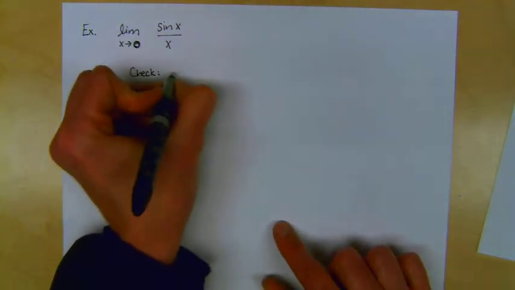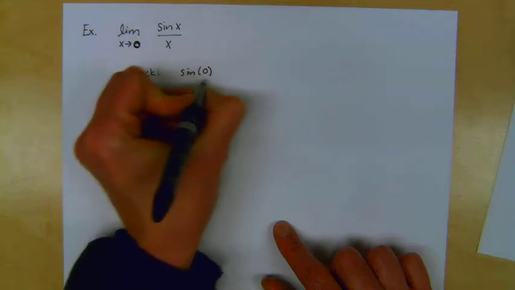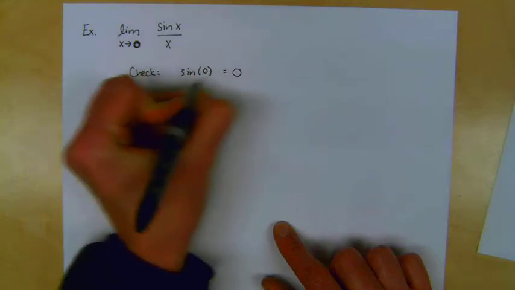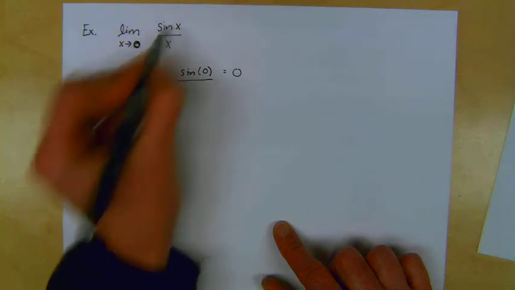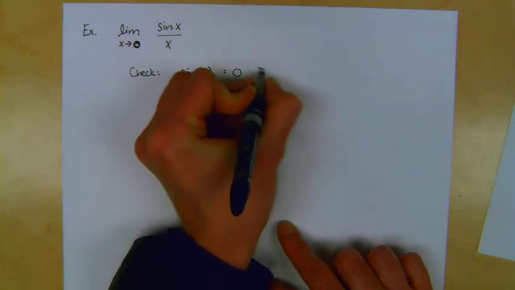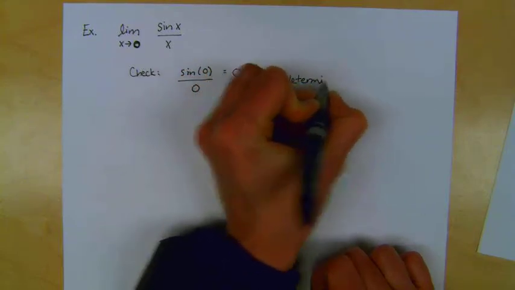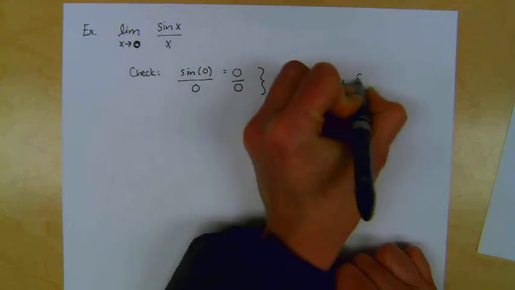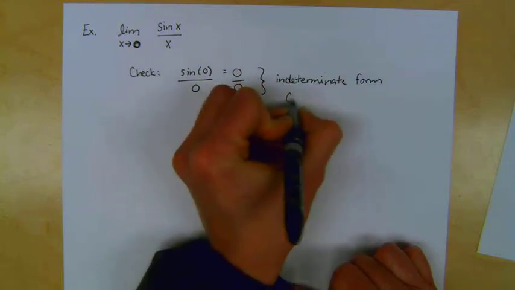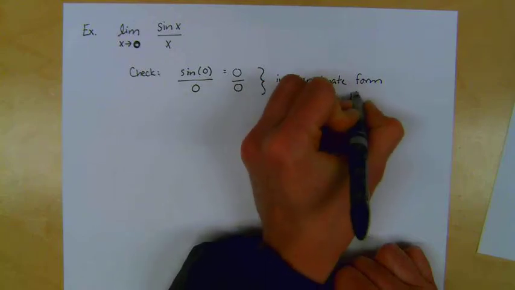I notice that the sine of 0 is equal to 0. I'm plugging in 0 for x, and when I plug 0 in for x down here, I also get 0. So I get this indeterminate form. And I can apply L'Hopital.